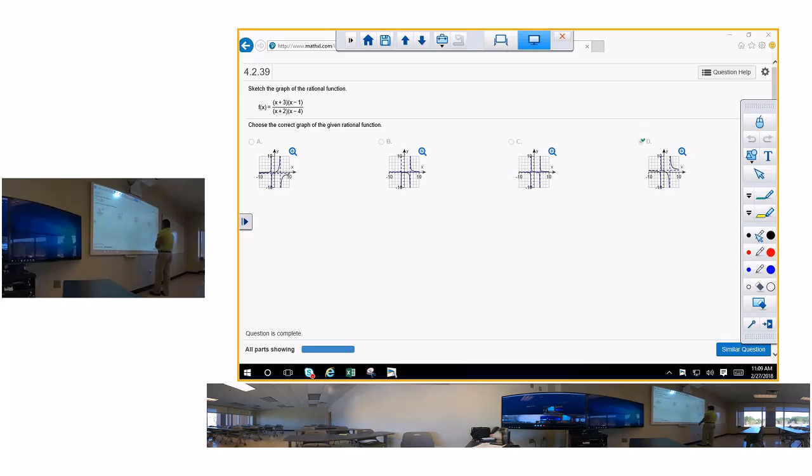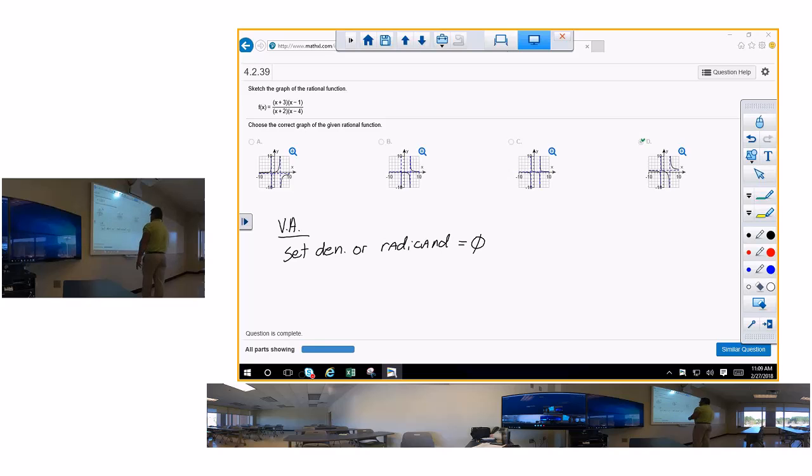To find the vertical asymptote, set denominator or radicand equal to 0. Remember me saying that the domain is only affected when you have a fraction or a radical? You got to set the denominator or the radicand equal to 0 and solve.